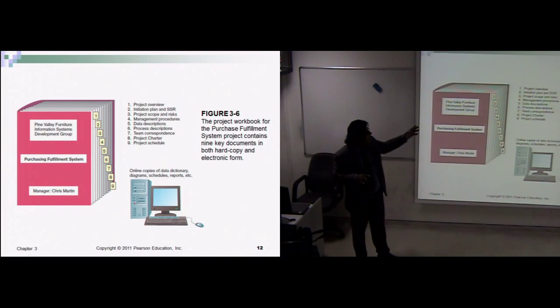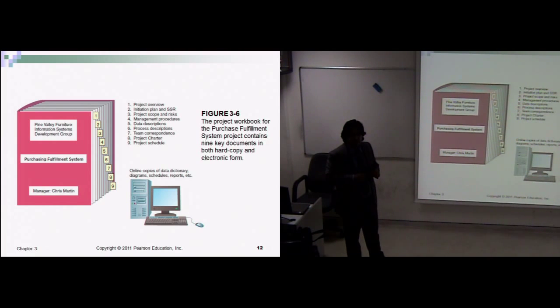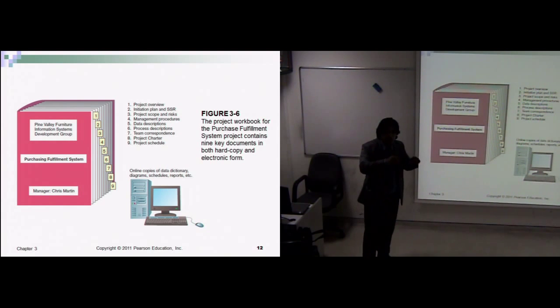For example, this workbook will contain the project overview. Secondly, they have the initiation plan and SSR, system service request, that is also included in the workbook. Thirdly, they define the project scope and risks. What will be covered in the project?